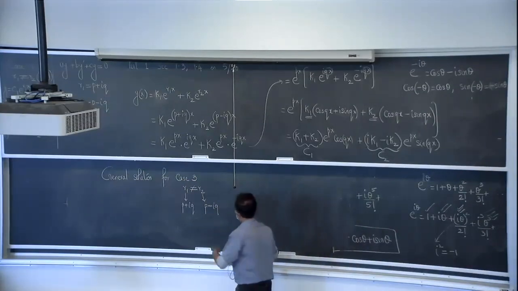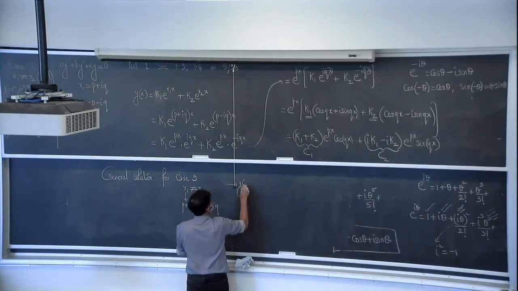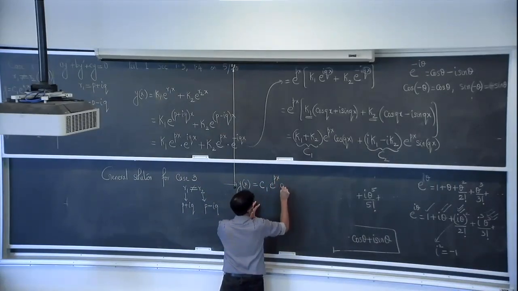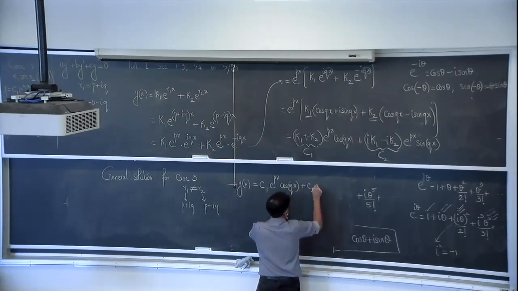It's given by y of x equal to C1 e to the power of px times cosine qx plus C2 e to the power of px times sine qx.